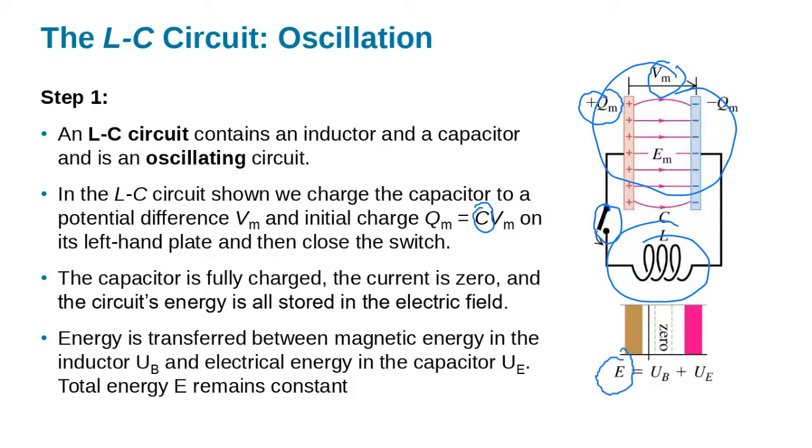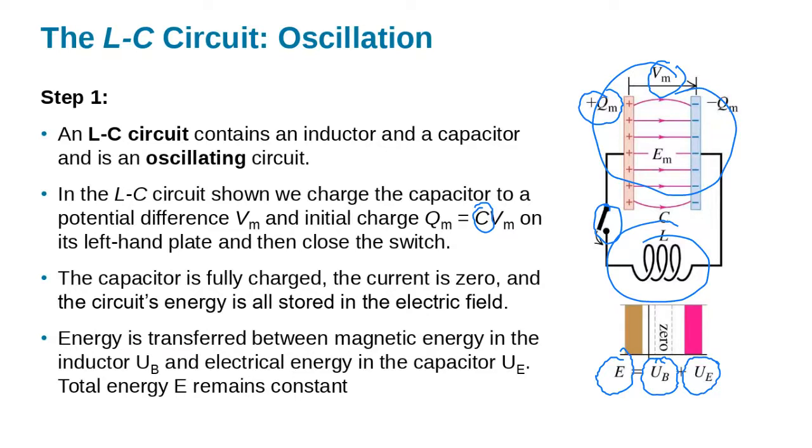Then UB is the magnetic energy stored in the inductor, and UE is the energy stored in the electric field of the capacitor. So when we start off, all the energy is stored in the electric field of the capacitor.